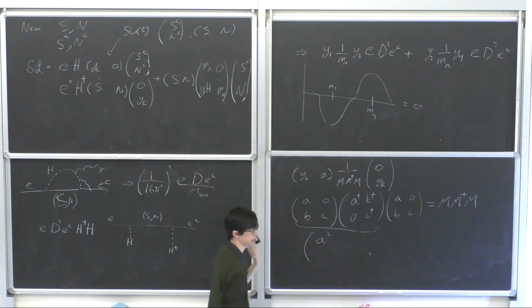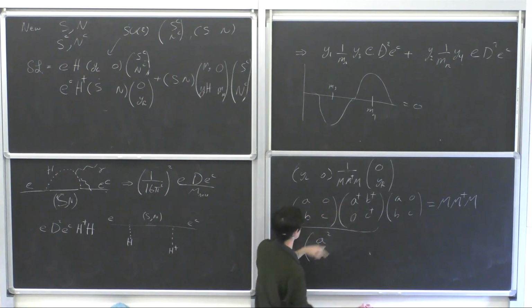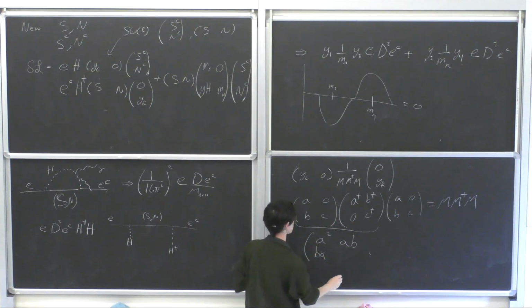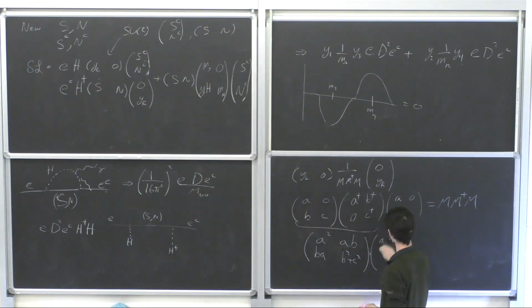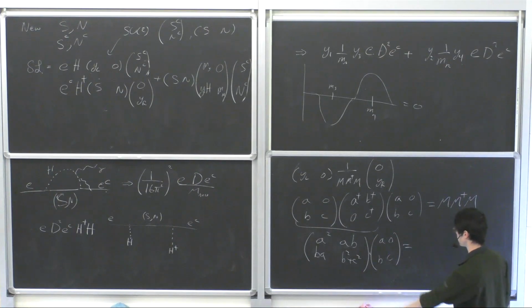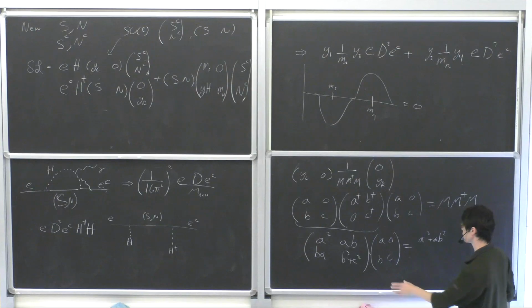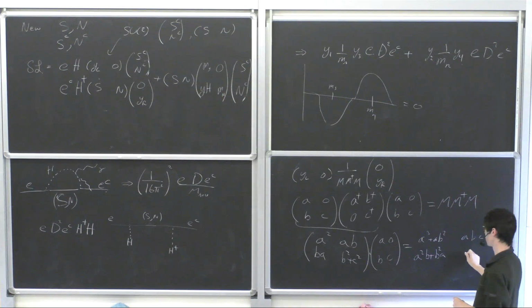And hell, let's just take everything real since I'm lazy and don't want to write M daggers. a squared, ab, ba, b squared, c squared, times a0, b, c, a cubed plus ab squared, abc, a squared b plus b squared a, b squared c plus c cubed.